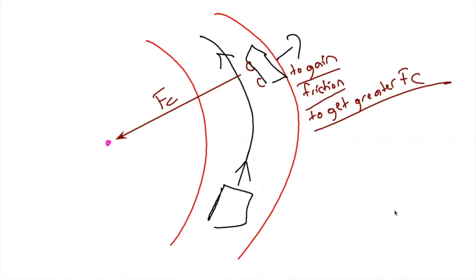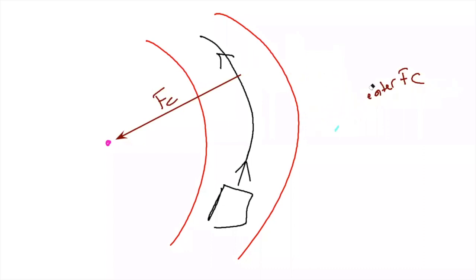So let's assume, and pay attention because if you miss this, you're going to miss the concept. Let's say the car is going at a normal speed and simply makes a turn. Let's say the tires of the car and the road create a friction of 10 newtons.